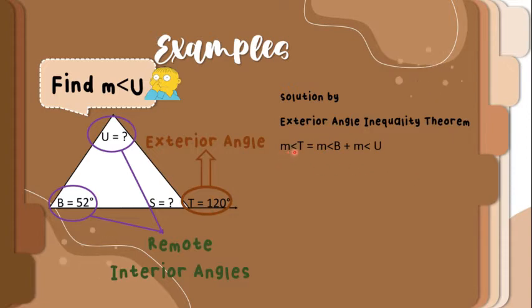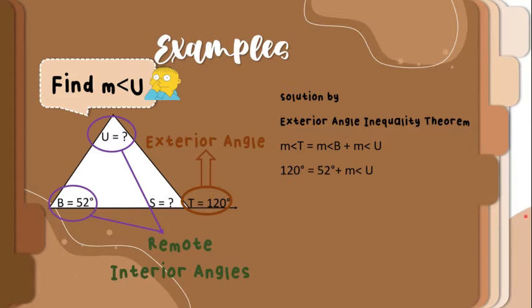Measurement of angle T is equal to the measurement of angle B plus the measurement of angle U. Now, we have the values for angle T and angle B, so let us substitute them in the formula. We have 120 degrees is equal to 52 degrees plus the measurement of angle U. Measurement of angle U remains the same because the value is unknown.